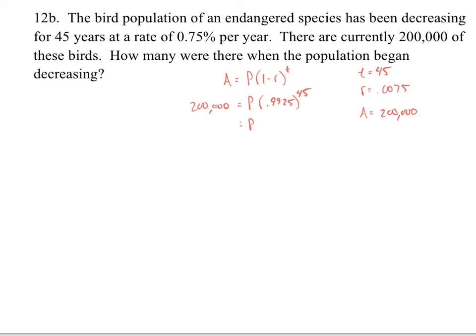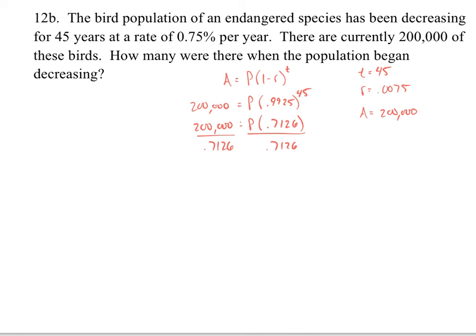That comes out to 0.7126, and we still have this 200,000 over here. So in order to get P by itself, we have to divide by 0.7126 on both sides.